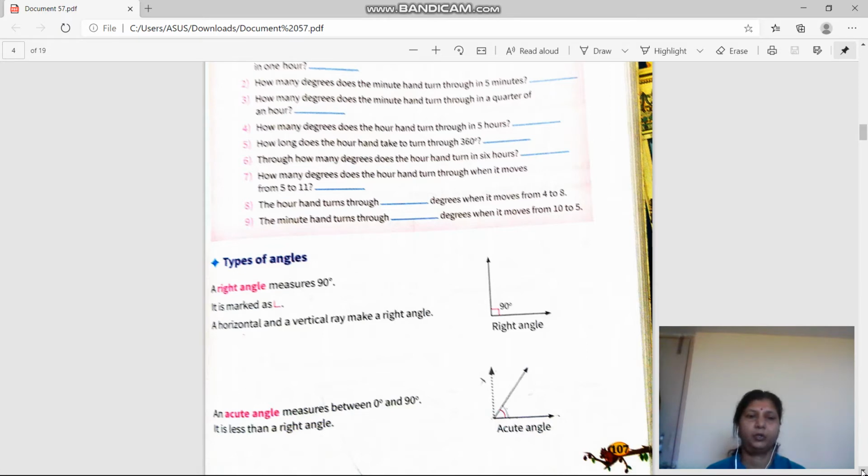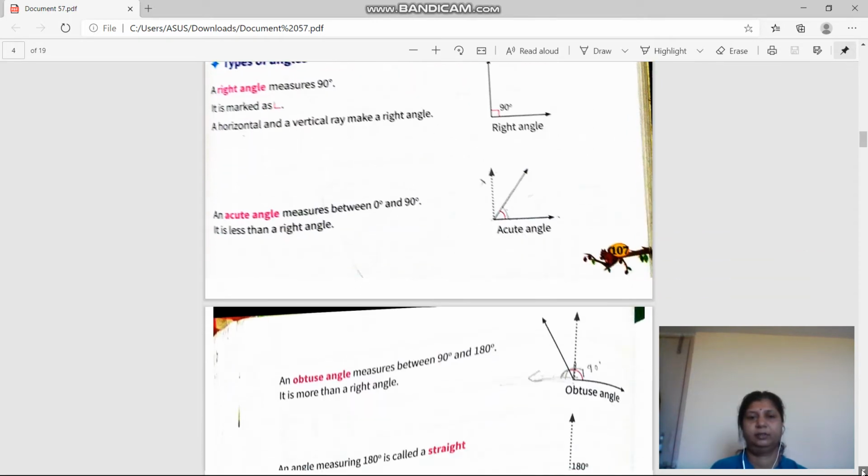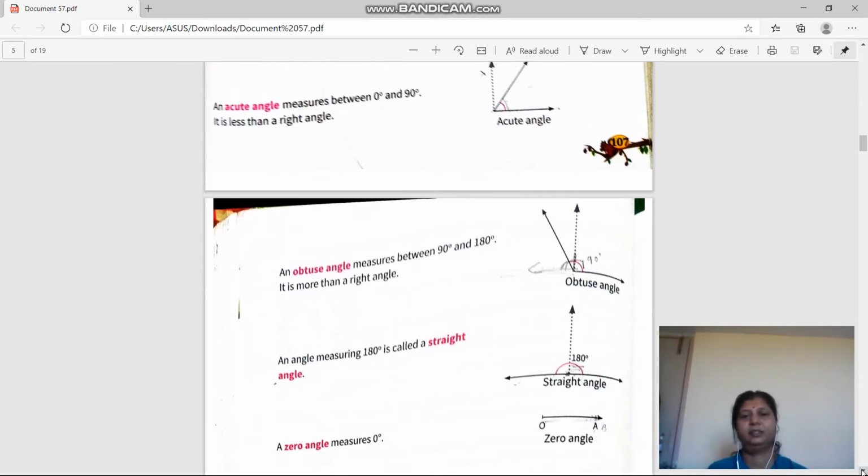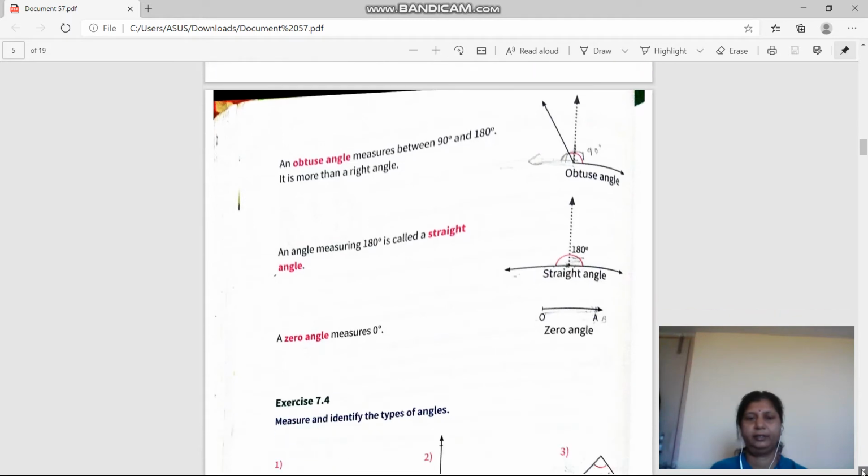Second is the acute angle, the angle which measures more than 0 and less than 90 degrees. Next, the obtuse angle, the angle which is greater than 90 degrees but less than 180. Then a straight angle, an angle which measures 180 degrees. An angle which measures 0 degrees is called the zero degree angle.